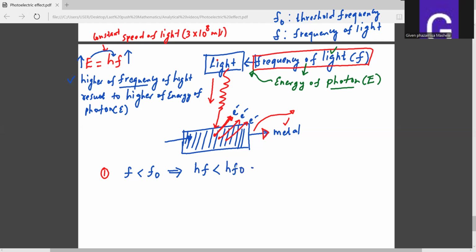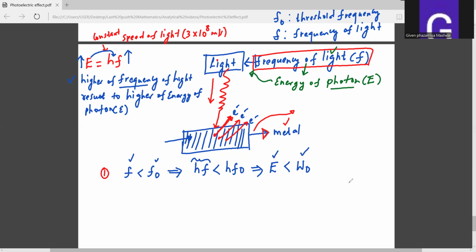And what is hf, ladies and gentlemen? hf on its own is the energy of photon, the E. Less than, what is hf naught? It is the work function. So if the frequency of light is less than the cutoff, it is the same as when we say the energy of light is less than the work function.